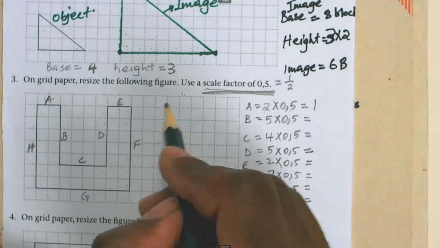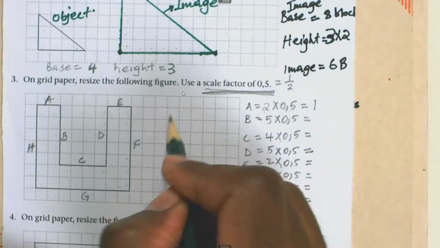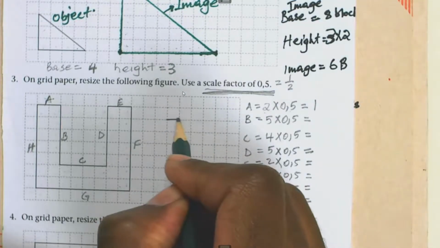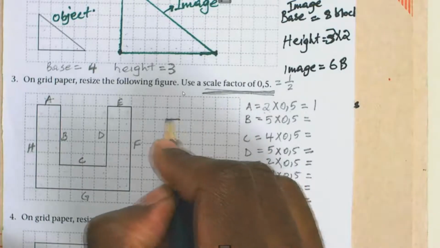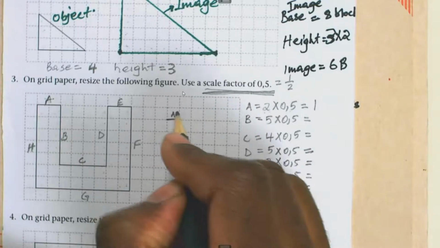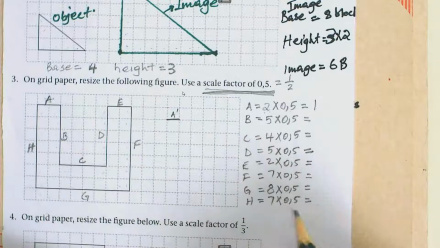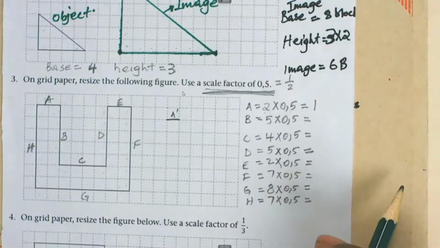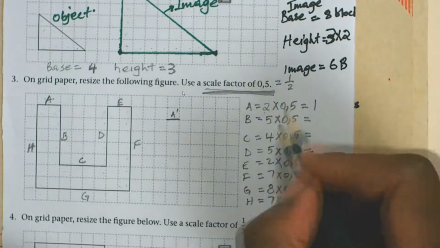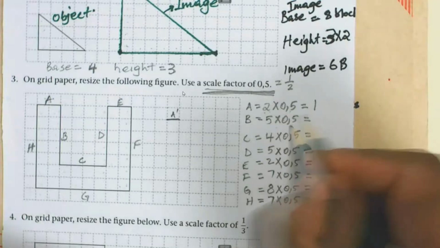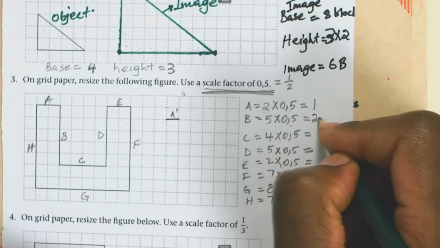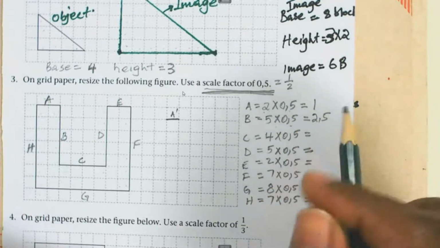I will do it this side. So my A here, I will put my A here of the image. It will be 1 block, which is going to be my A. Let me say A prime, because now this is a reduction. And then 5 multiplied by 0,5. Half of 5 is going to be 2 and a half, 2,5.